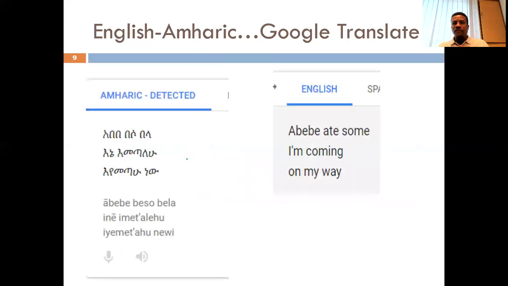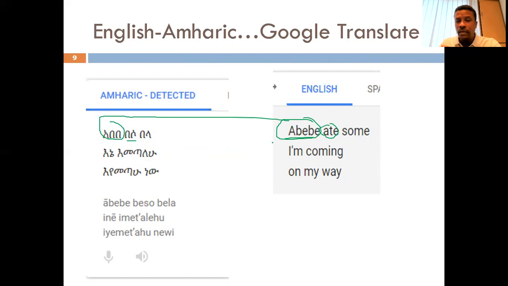I gave another one to Google Translate, which says አበበ በሶ በላ. So for አበበ በሶ በላ, what did it say? አበበ is a name which is frequently found in the English script as well as in the Amharic, so it was easy. በላ it translated as ate. But for በሶ it says some. I don't know what it would say today, but at that time this was the translation.